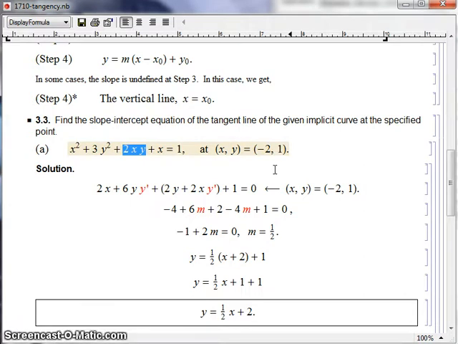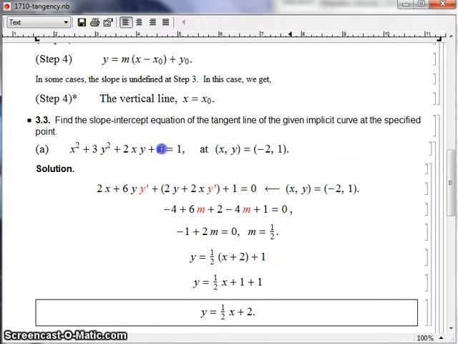So let's use the product rule: (uv)' equals u'v plus uv'. The derivative of the first function is 2 times the second function y. And the first function, that's 2x. The derivative of y is 1, but this is implicit, so y prime is multiplied in the end.